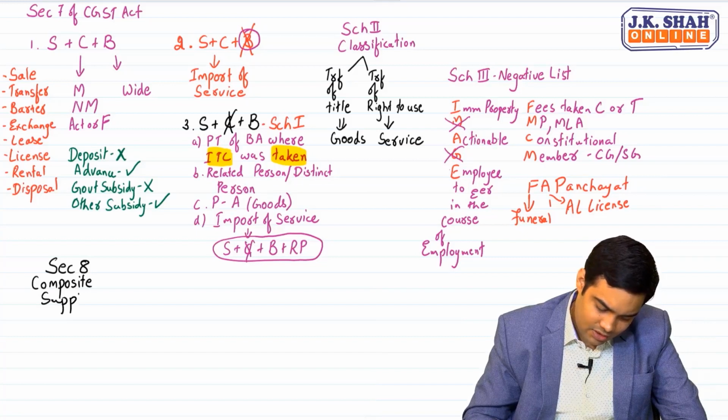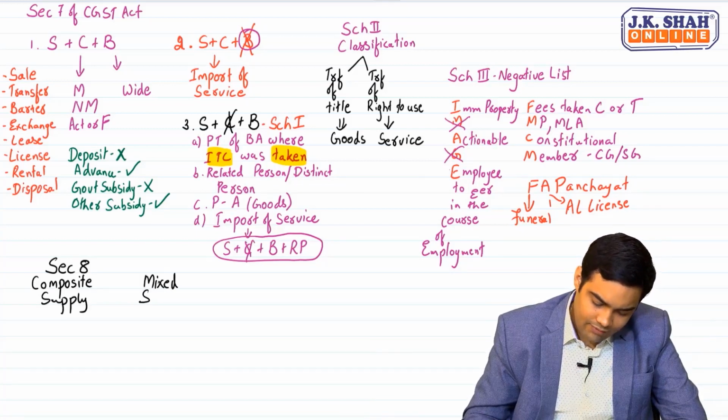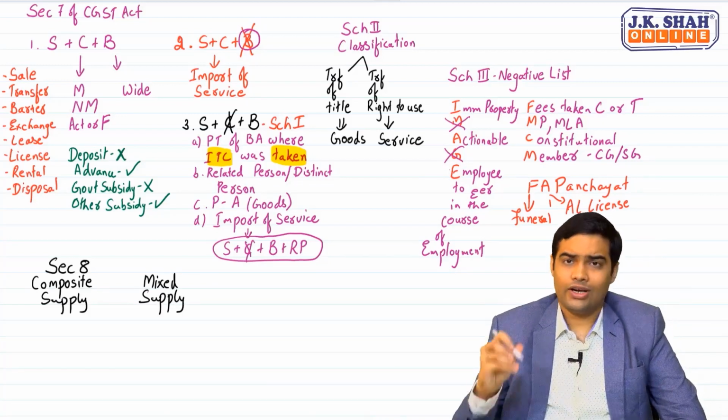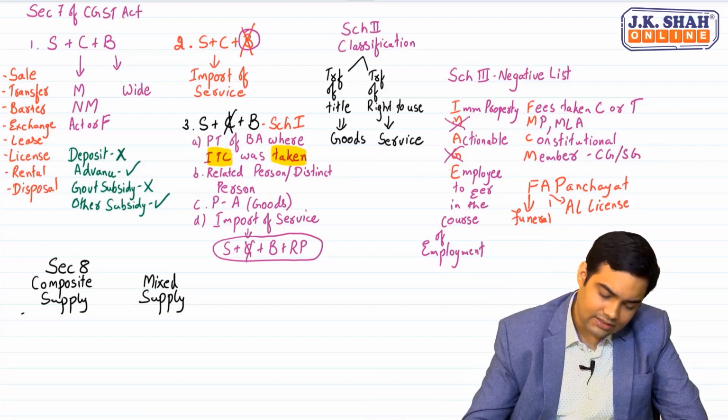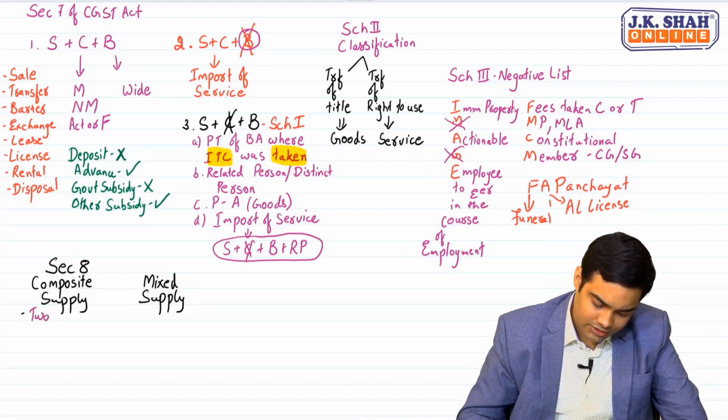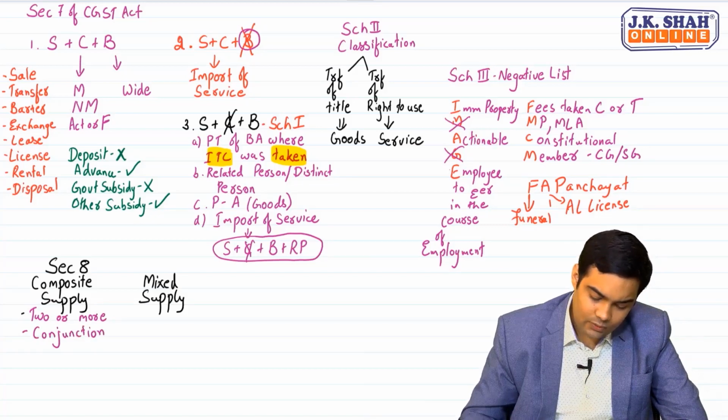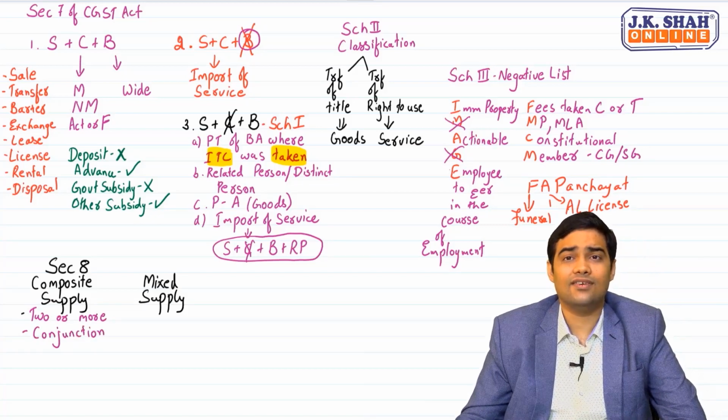Now, what's the meaning of composite supply and mixed supply? Careful. Whenever we talk about composite supply, 4 conditions are required to be satisfied. First of all, it's a conjunction of 2 or more goods or services. Whenever you are supplying 2 or more goods or services together, then the question is, what GST rate will you apply?